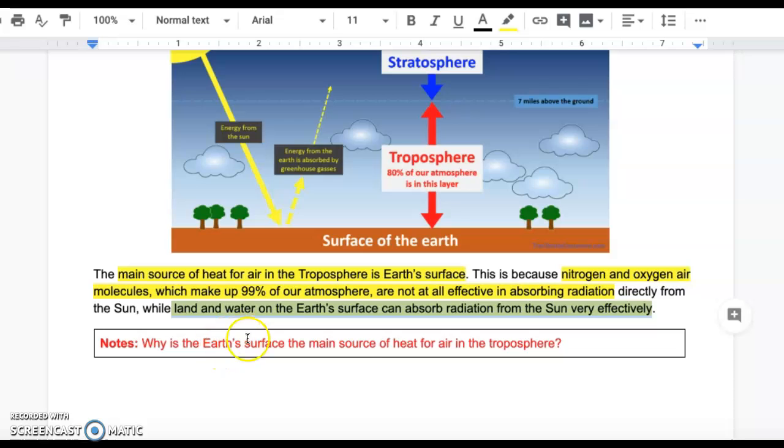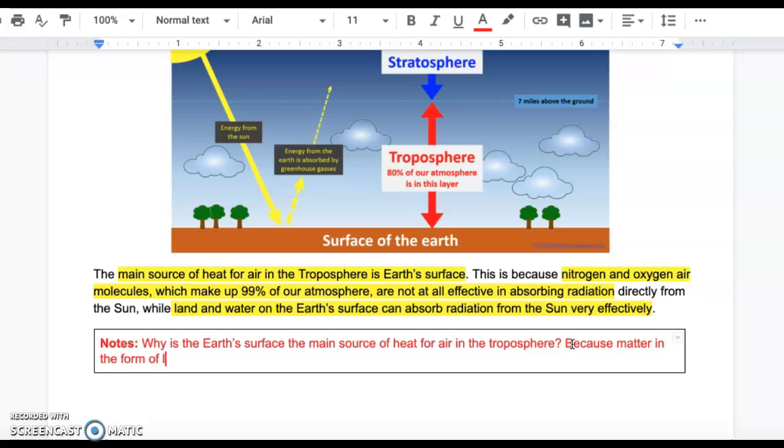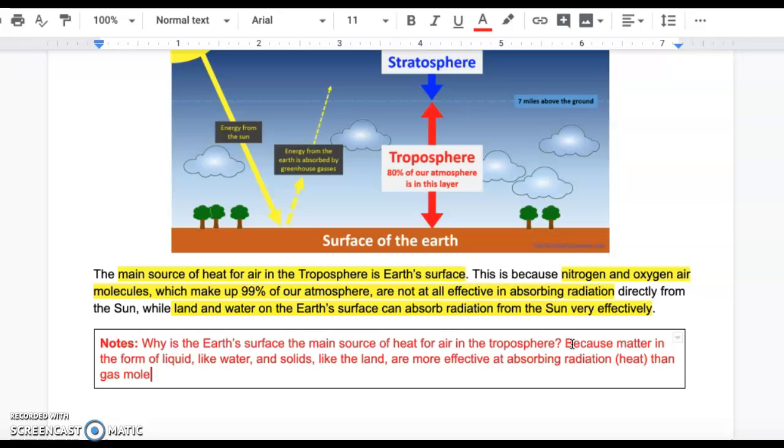So the question is, why is Earth's surface the main source of heat for air in the troposphere? Because matter in the form of liquid, like water, and solids, like land, are more effective at absorbing radiation, heat, than gas molecules that are in our atmosphere.